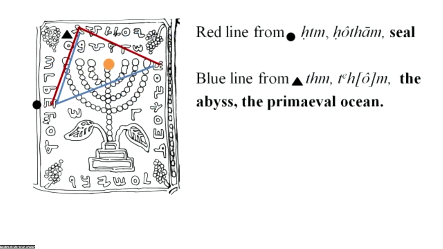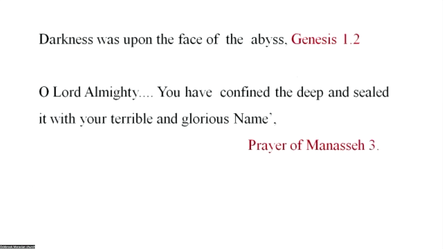And then you've got 2 nesting patterns there. The red line says seal, and the blue line says the abyss or the primeval ocean, the Tehom. And this was a sign of the power that the Messiah had. First of all, there was darkness on the face of the abyss.